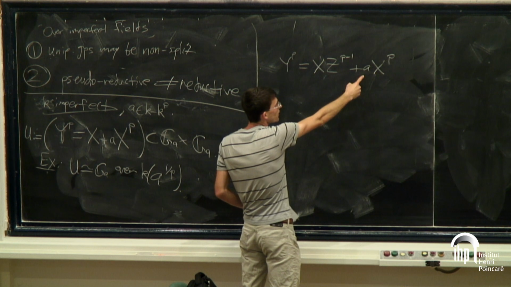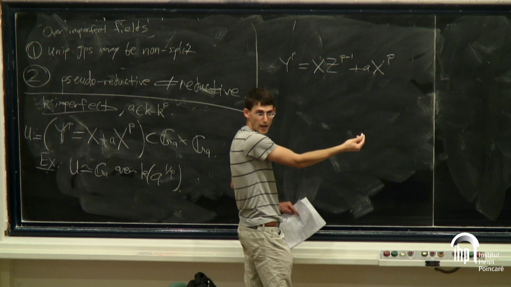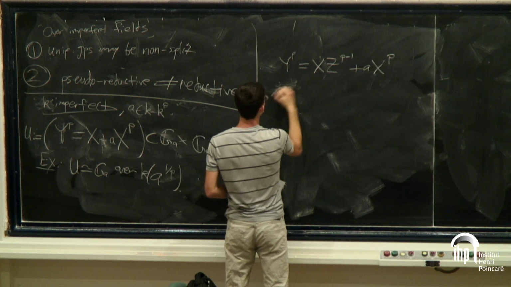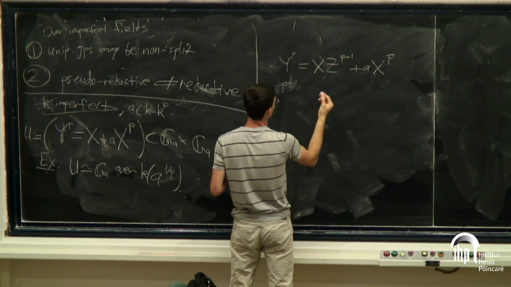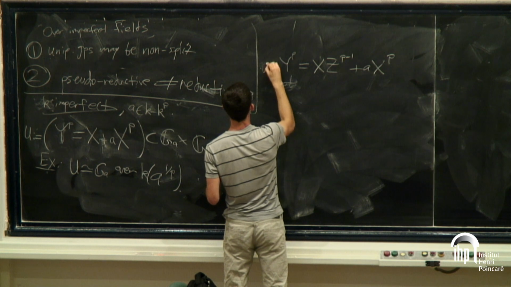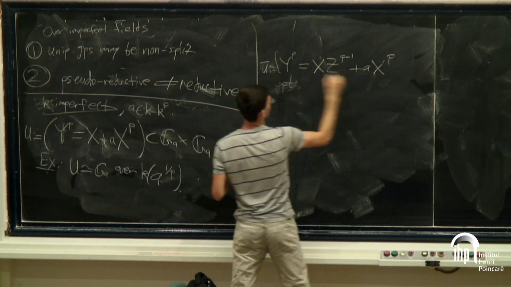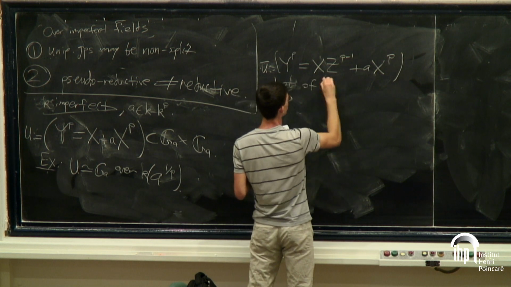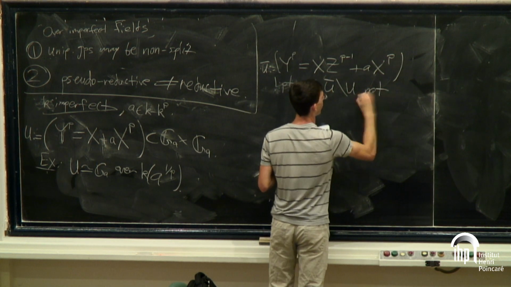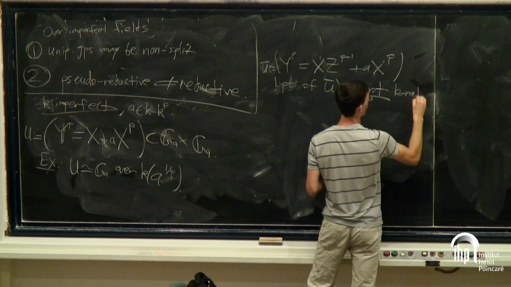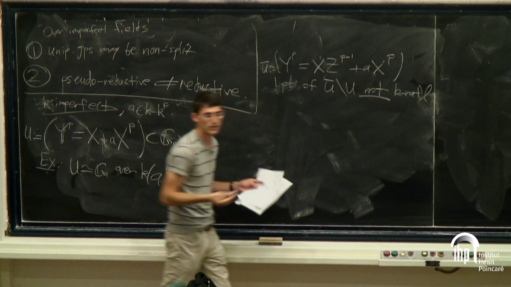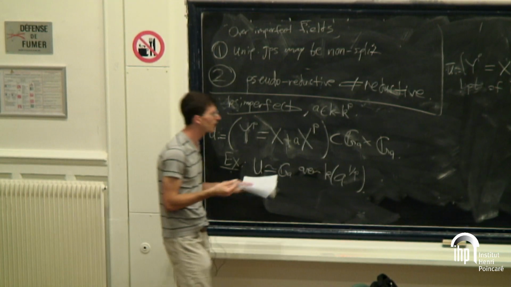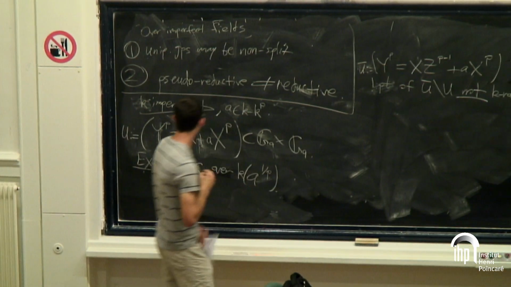If you set z equal to 0, you have to take a pth root of a to make this rational. Let's call this U-bar. There's a unique point of U-bar minus U, and this is not K-rational. So this group can't be K-isomorphic to G_a. It can't even be isomorphic to the affine line, although that's equivalent, but whatever.